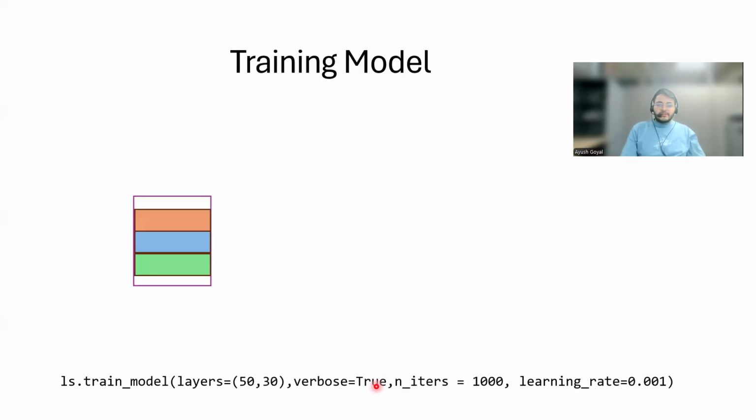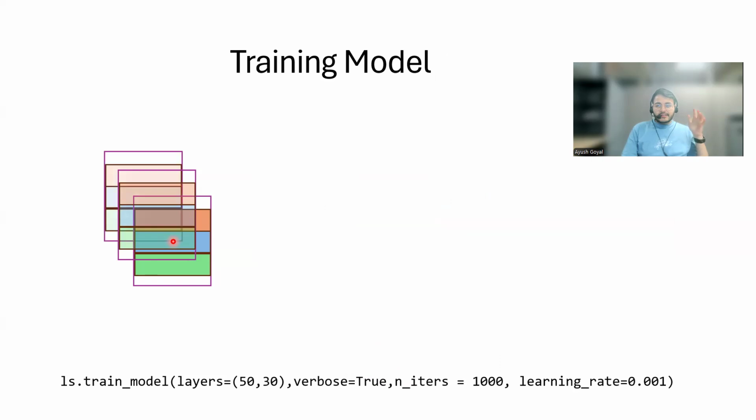Training the models. So this is how one window would look. Now to train the models, we would take all the windows and stack them, so one window would be a column, and the number of windows would be the rows.